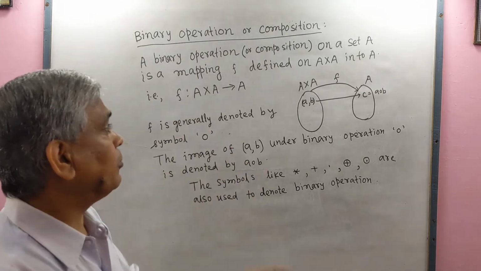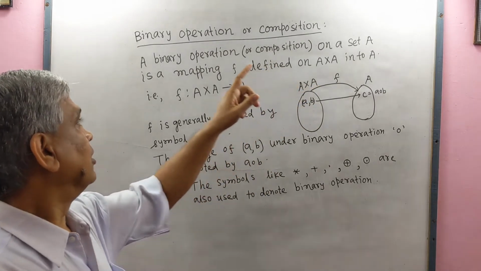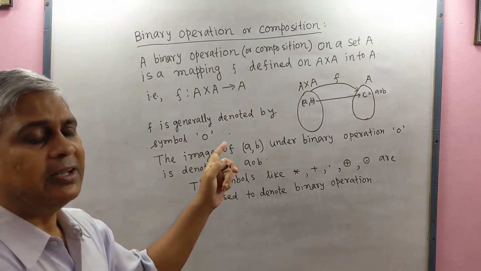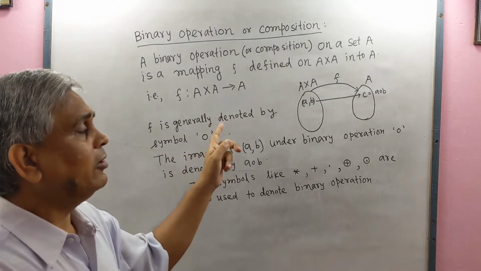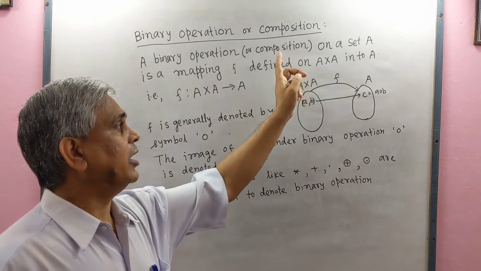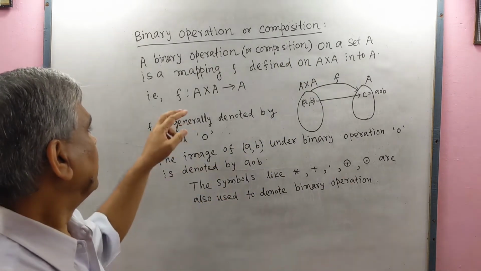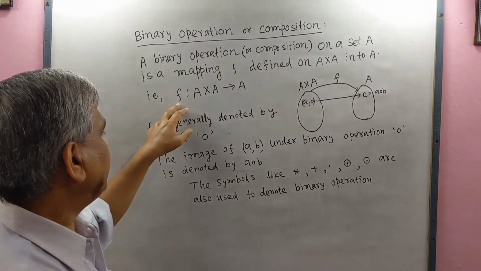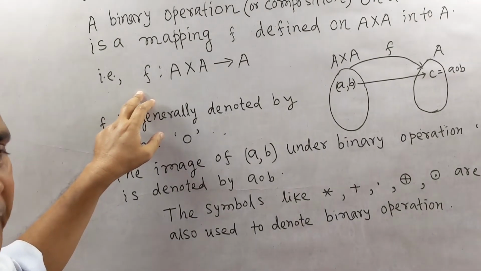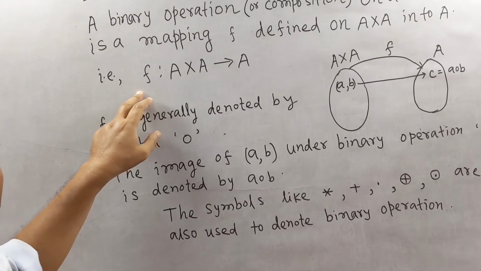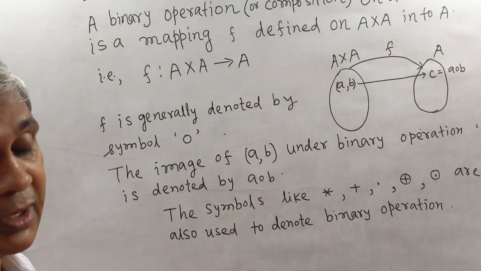A binary operation or composition on a set A is a mapping F defined on A cross A into A. That is, F is a mapping. This mapping is the binary operation or composition. Its domain is A cross A and codomain is A.